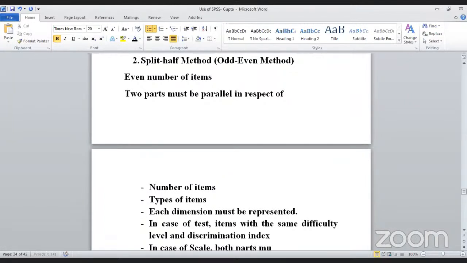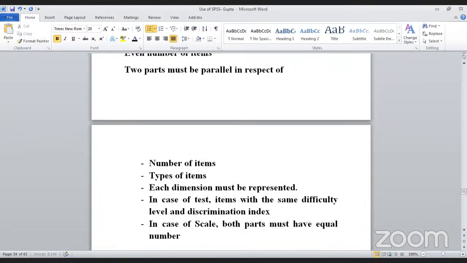Both parts must have an equal number of positively worded and negatively worded items.